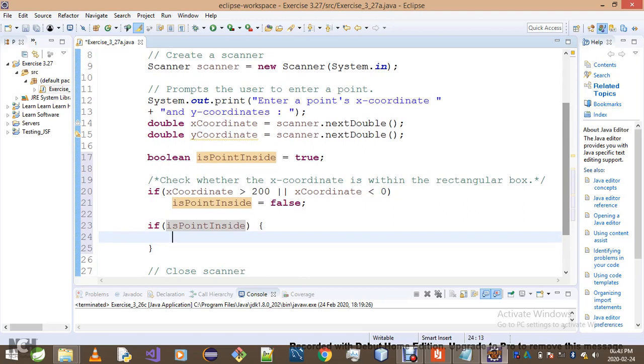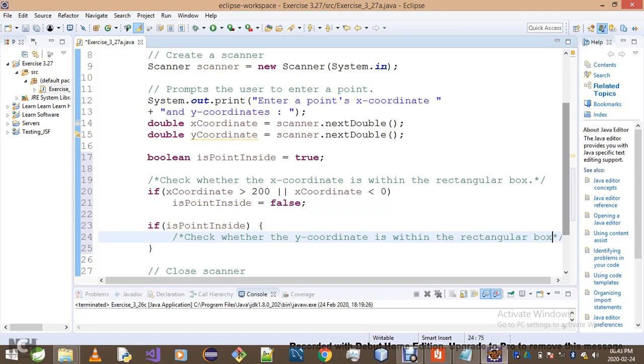Okay, if that is the case, what I've got to do is to check whether the y coordinate is within the rectangular box.